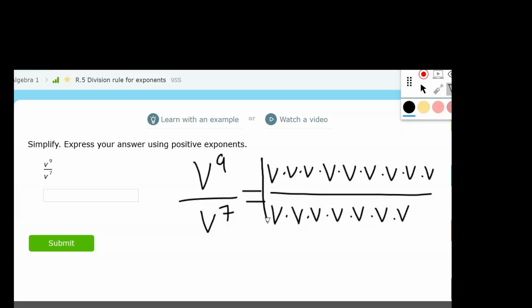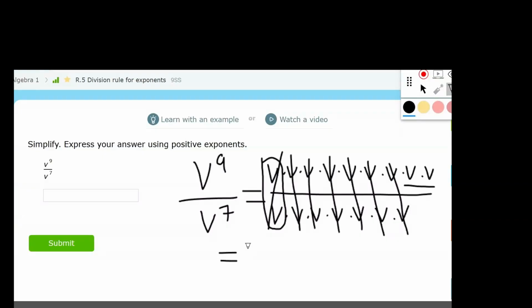And we know that anything divided by itself is just 1, so this just cancels out. And you'll notice that we can do this for 7 of them. And so what we're left with is just v times v, which is v squared, or v to the second power. Okay.